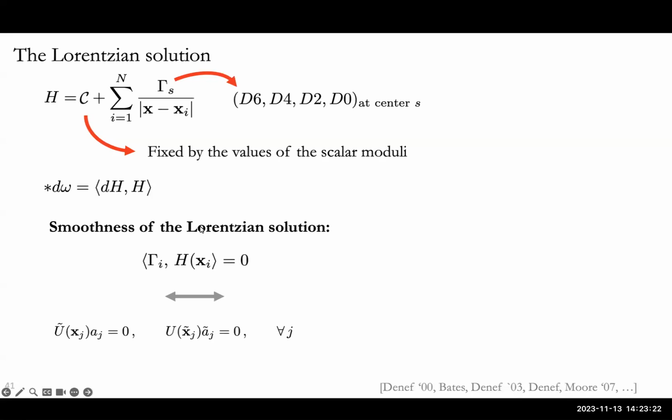And just like before, there's an analog of smoothness that you can obtain precisely like we did before by applying d to this equation and then using Stokes' theorem to write down what an integral of omega on any infinitesimal circle is. And in Lorentzian signature, the smoothness solution that Denef and company wrote down in the 2000s was that the intersection product between the charge of the black hole and the harmonic function evaluated at each pole is equal to 0.